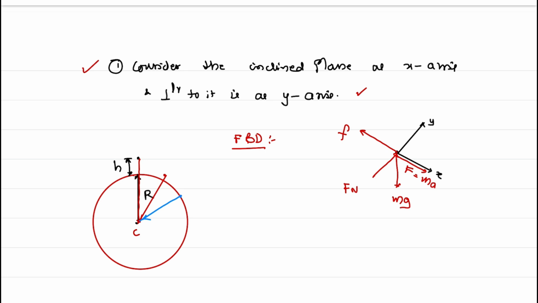Now, this gravitational force is always towards the center of the earth. Earth is like this. Let me make it so that you will understand clearly. It is not to scale, don't worry. It's only for your understanding. This mg will be acting towards the center of the earth.